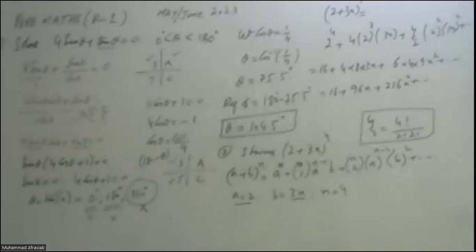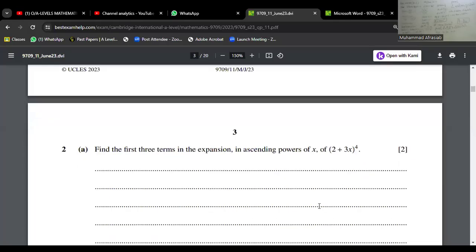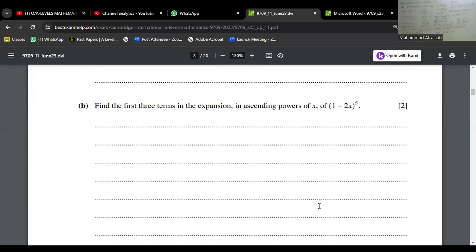Then the second part of this one is: find the first three terms in the expansion, in ascending powers of x, of 1 minus 2x to the power 5.